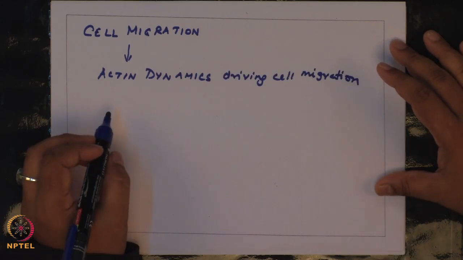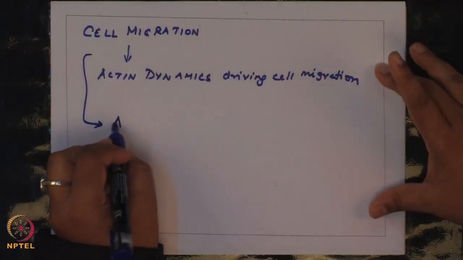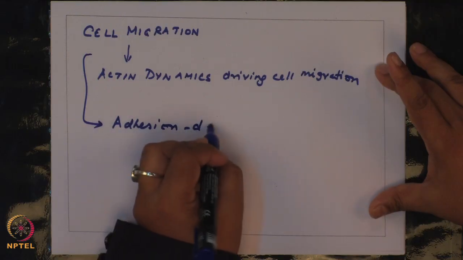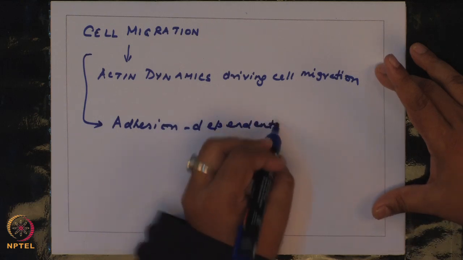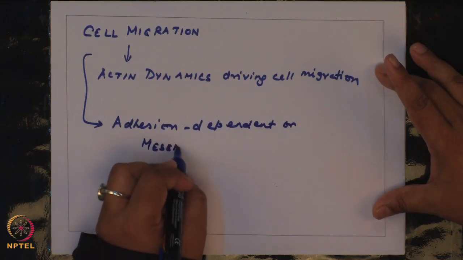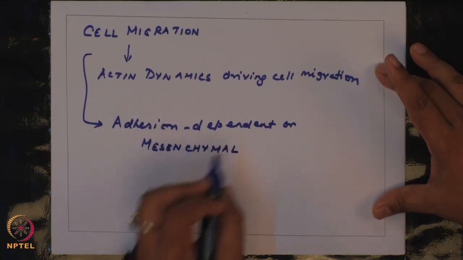If I were to draw the individual steps for a cell to migrate, the type of migration that we are talking about is called adhesion dependent, or mesenchymal migration.